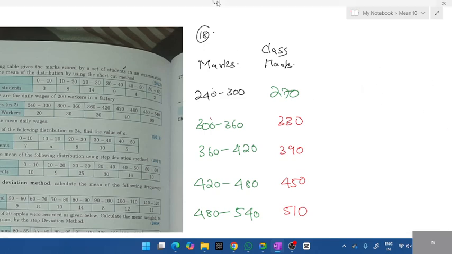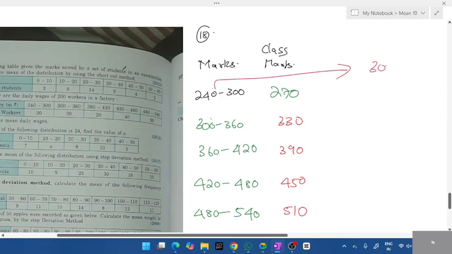See, all these, it will save your time, students. In exam, you don't have to calculate each one, maximum 3 minutes, that's it. If you keep solving each and every value, it will take more than 5 minutes. So what you do is just calculate the first one: 300 plus 240 divided by 2.